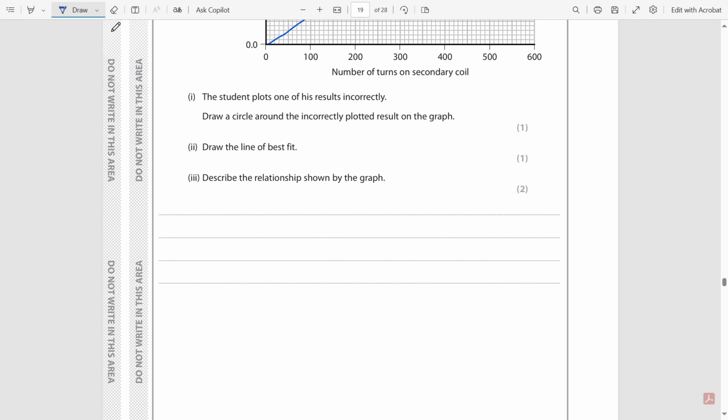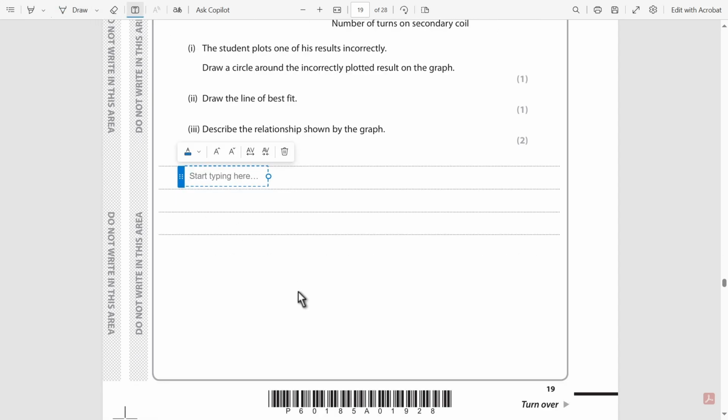Describe the relationship shown by the graph. As the number of turns increases, the voltage increases.